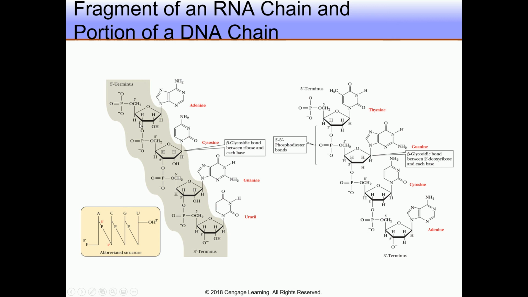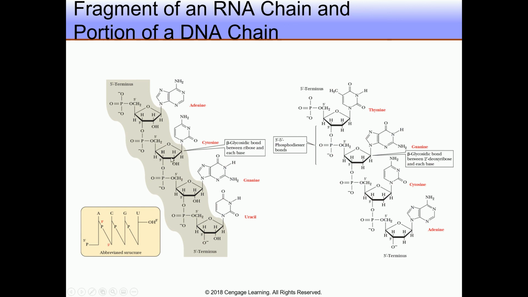Now this OH group, which is present here on the 3' end, and the phosphate group on the fifth carbon of the second nucleotide together lose a molecule of water, which is a dehydration reaction, and that results in the formation of a covalent bond, and that's called a phosphodiester bond.